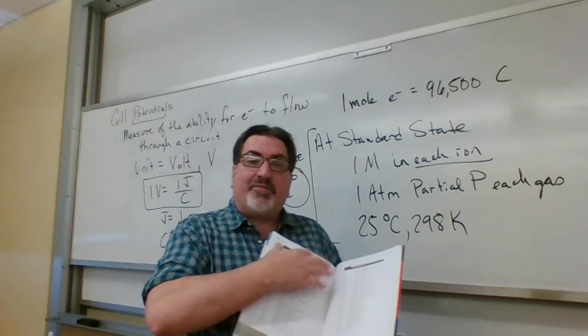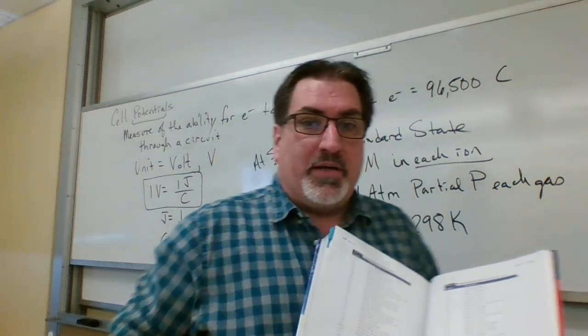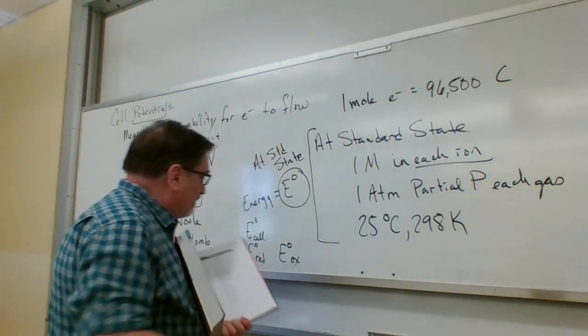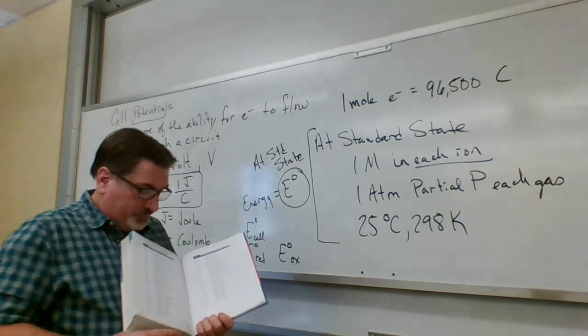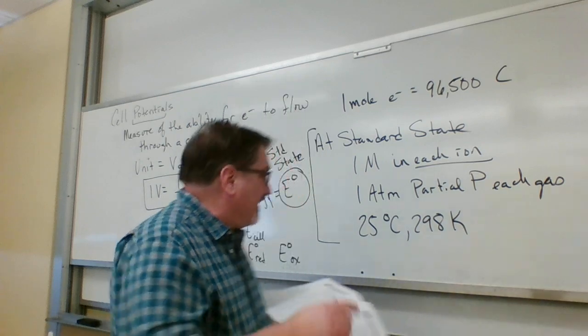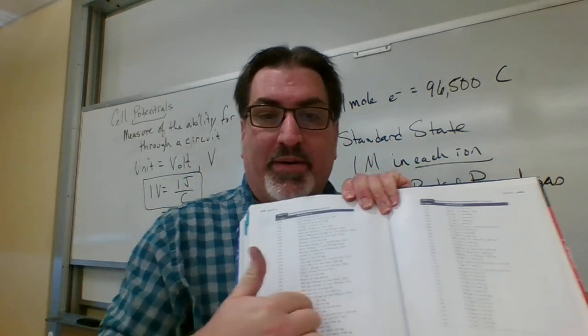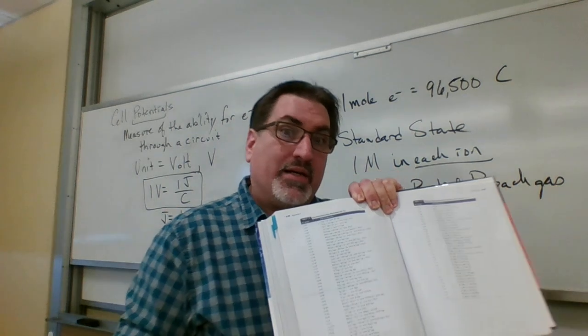So you would have to find your element in the table, look up its reduction potential, E0 for reduction. If we wanted to find the oxidation potential, E0 for ox, we'd be flipping the equation because these are all reduction equations. Flip the equation, you flip the sign on the E0 that's in the reduction potential table.